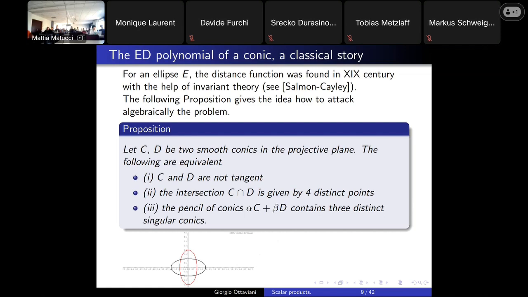But what is not obvious is an algebraic way to consider the pencil, and when they are transversal, this pencil has exactly 3 distinct singular conics, and you see this is well known. This is one. Then I can change.